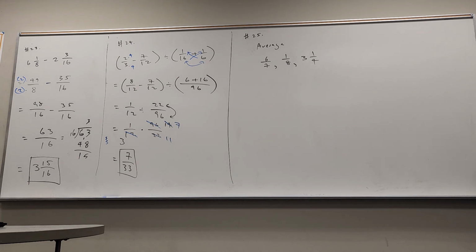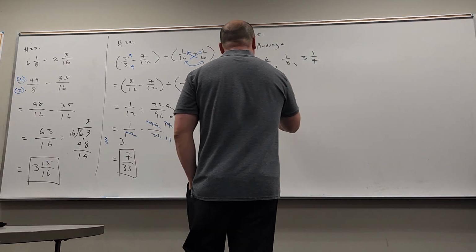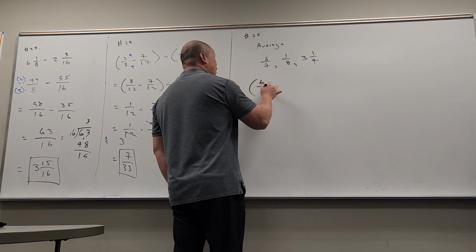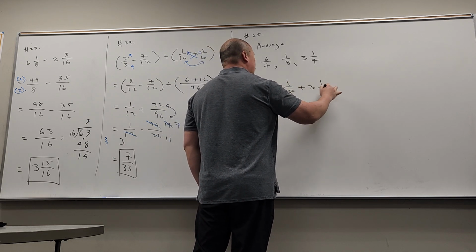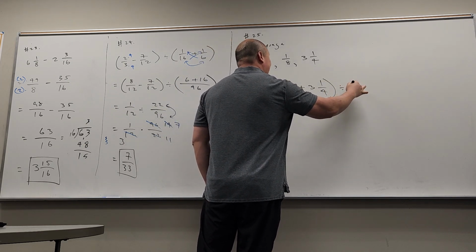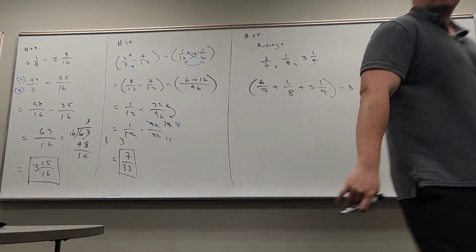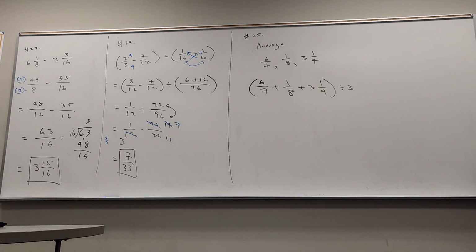Now this guy's no joke, because to find the average, you always got to find the sum, then divide by 3 in this case. Well, how do you find the sum? 6 over 7 plus 1 over 8 plus 3 1/4. Then you divide it by 3.